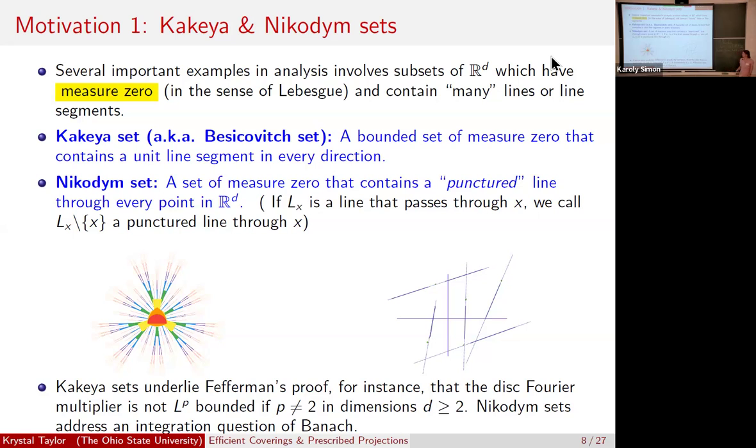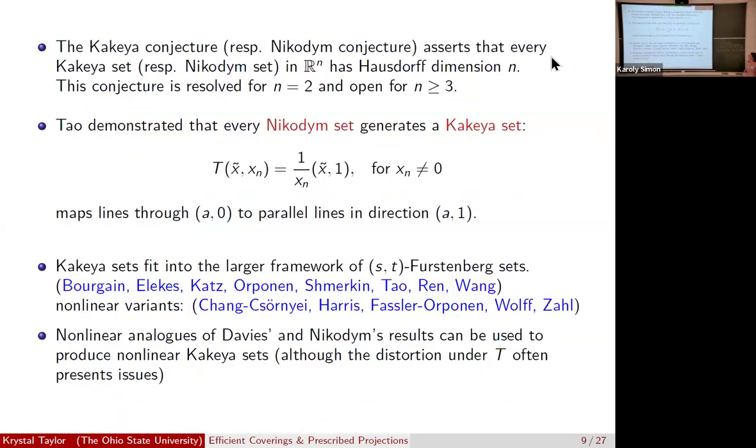And Nikodym sets were used to address an important, very basic integration question of Bochner. Okay, just some examples. The Kakeya conjecture, respectively the Nikodym conjecture, asserts that every Kakeya set has dimension n. So this is known for n equals 2 and open for n greater than or equal to 3, although there's been some evidence, at least in 3 dimensions, to show it might not be true. This is by Josh Zahl.